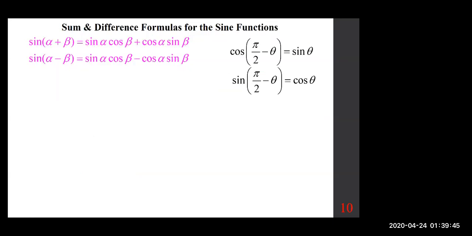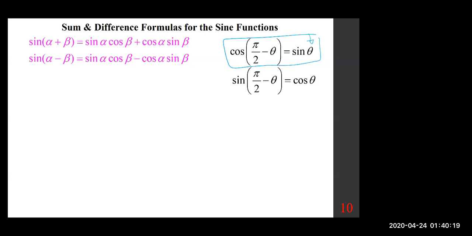We want to prove the sine, and we remember from the previous page, on the right side, we have this. So if I want sine of alpha plus beta, I want to establish the first one in purple. So sine of alpha plus beta, I want you to think about this, everybody. Take a look at this formula. Instead of theta, class, I'm going to use alpha plus beta.